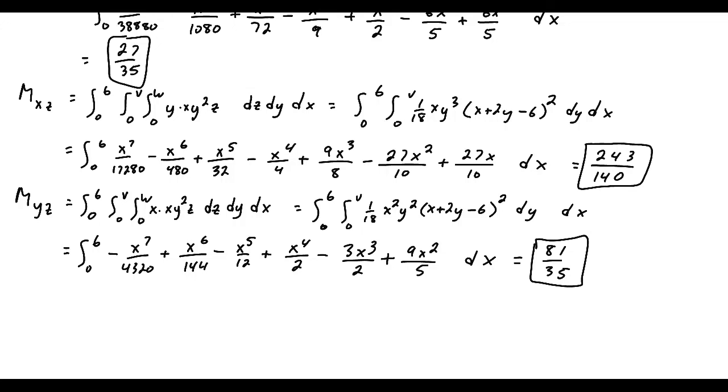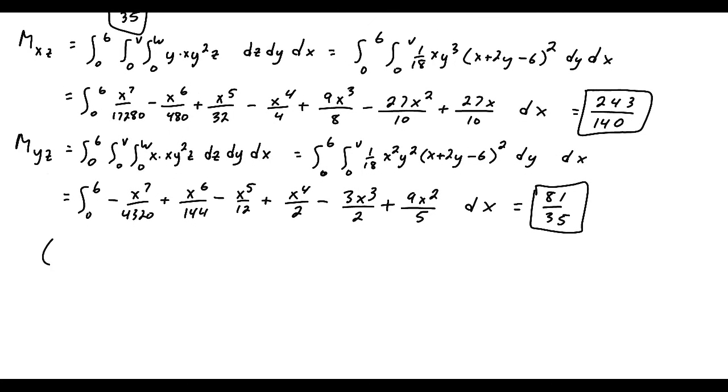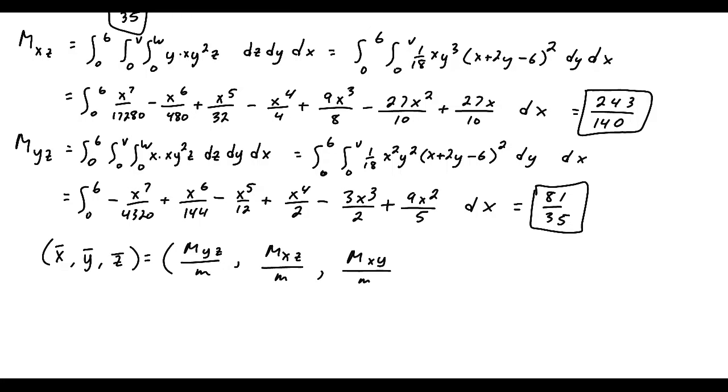Okay, now we know that the center of mass (x bar, y bar, z bar) is equal to the ordered triple, which is a point: myz over the mass m, mxz over the mass m, mxy over the mass m.